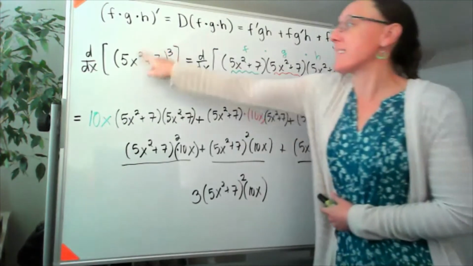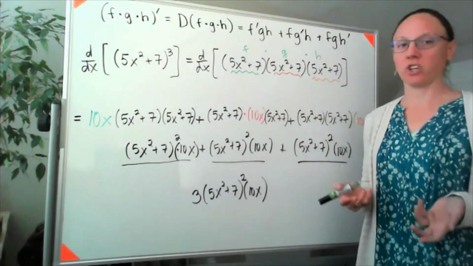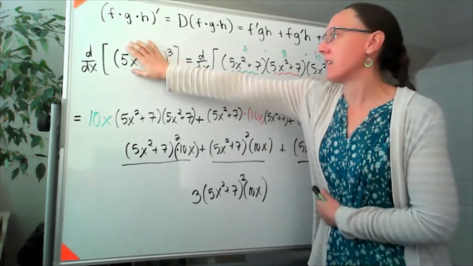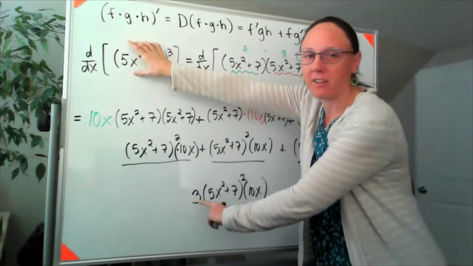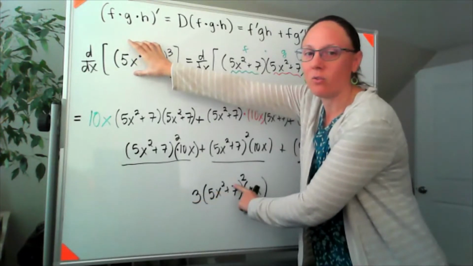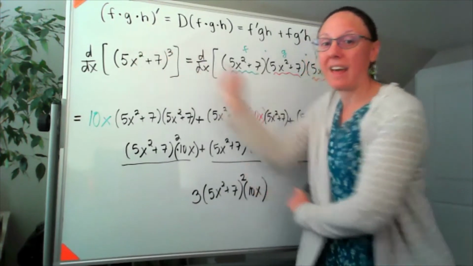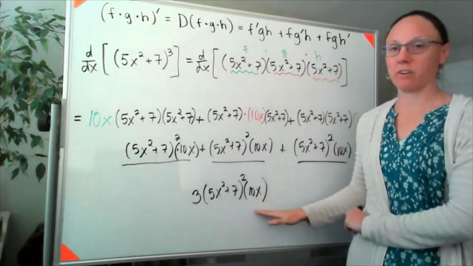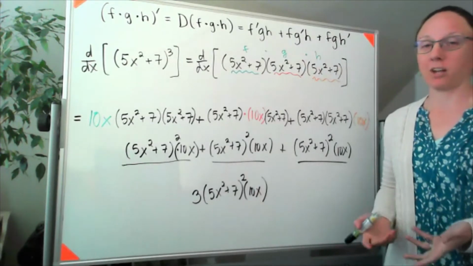We could treat that something raised to the power as if it's kind of its own function. And if it is, then we're just going to use our power rule, bring that 3 down in front, leave this alone, raise it to the 3 minus 2, and then multiply by the derivative of the inside. So that's really all we're talking about when we talk about chain rule.